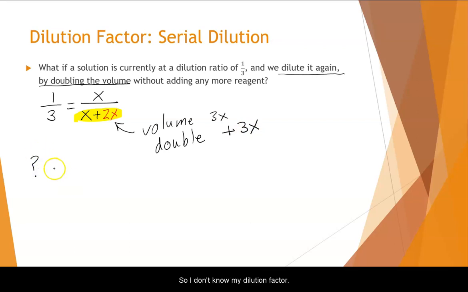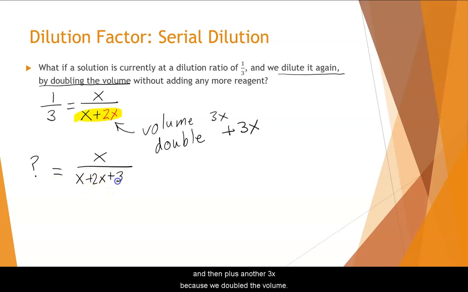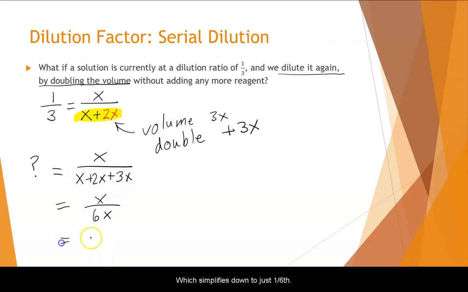So I don't know my dilution factor, but if I double the volume, this will turn into x, since we did not add any more reagent, plus 2x, so there's our original, and then plus another 3x because we doubled the volume. This works out to be 1x plus 2x plus 3x is 6x, which simplifies down to just 1/6. This would be our new dilution factor.